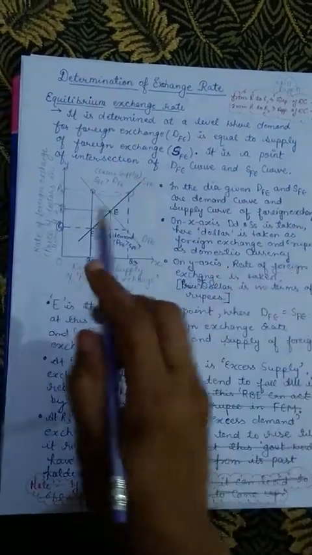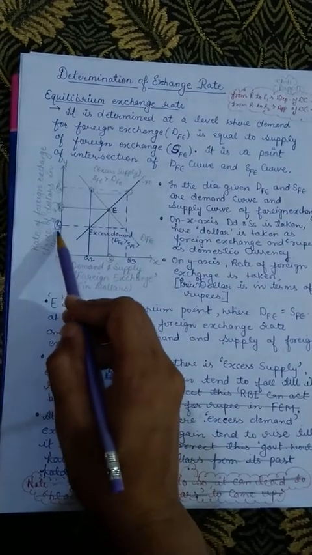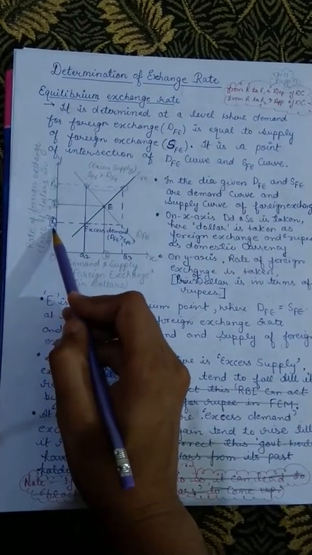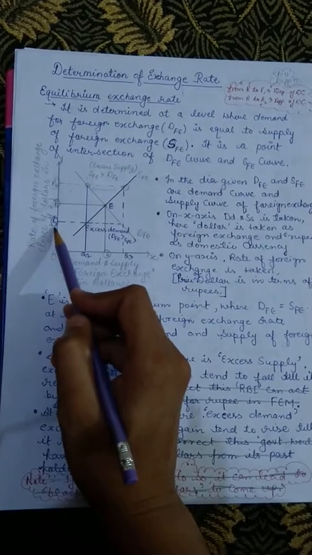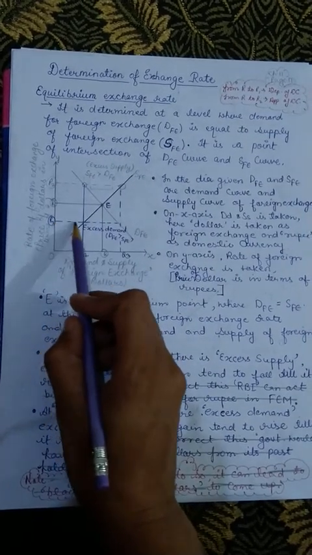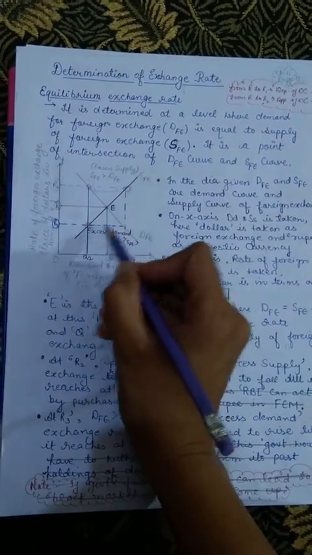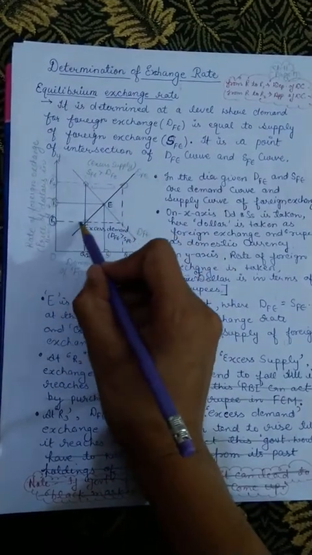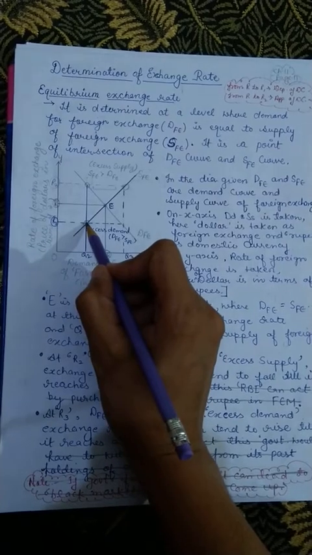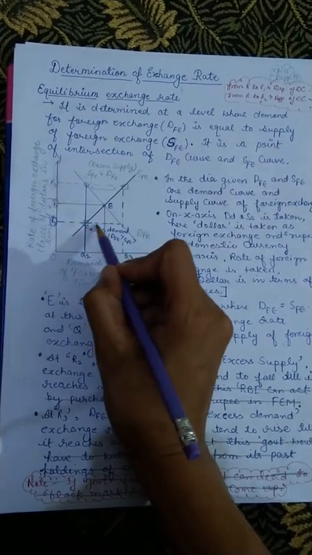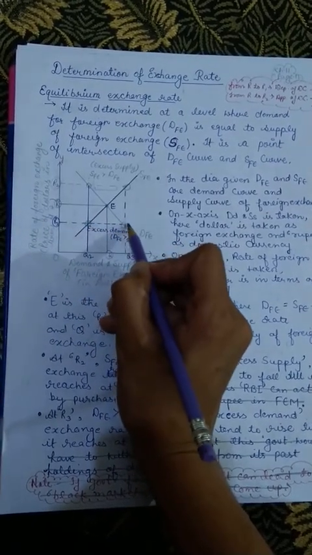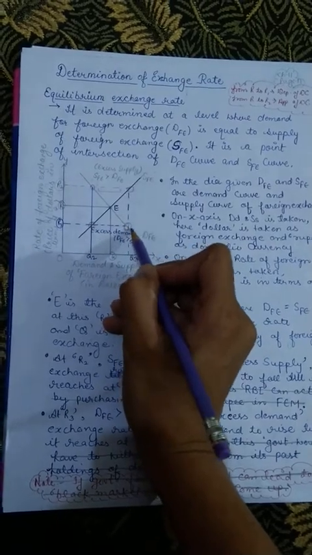When we take any exchange rate, which I have denoted with the blue pen as R3, I have drawn a corresponding line here and got two points: one where this parallel line cuts the supply curve, and moving forward it cuts the demand curve.